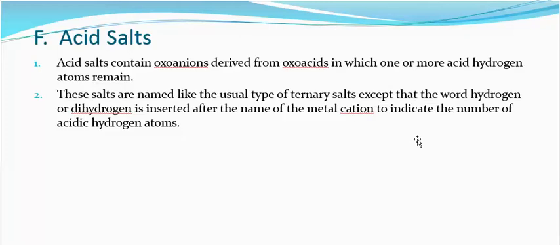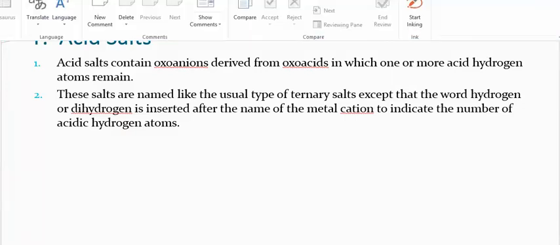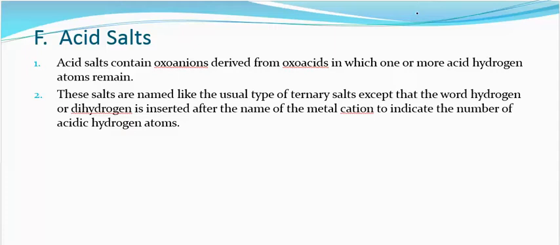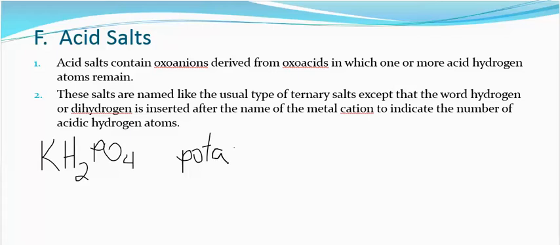You get one more type here, acid salts. Acid salts are derived from oxyacids, but one or more hydrogen atoms remain. And so we're going to insert the word hydrogen or dihydrogen into the names of these acid salts. Let's look at a couple examples. KH2PO4, for example. We're going to name the metal first, potassium.